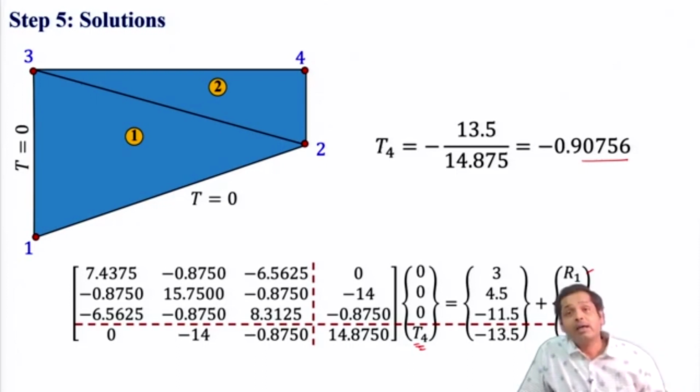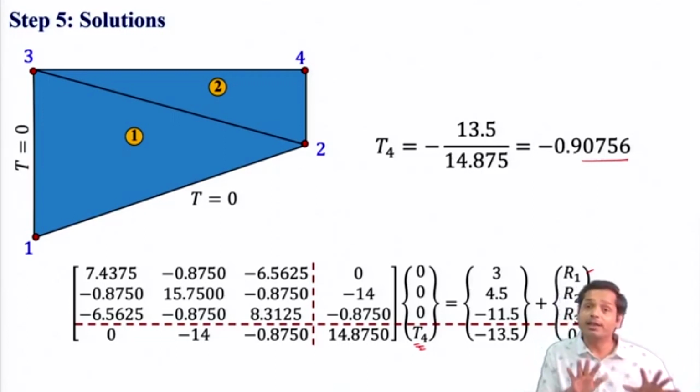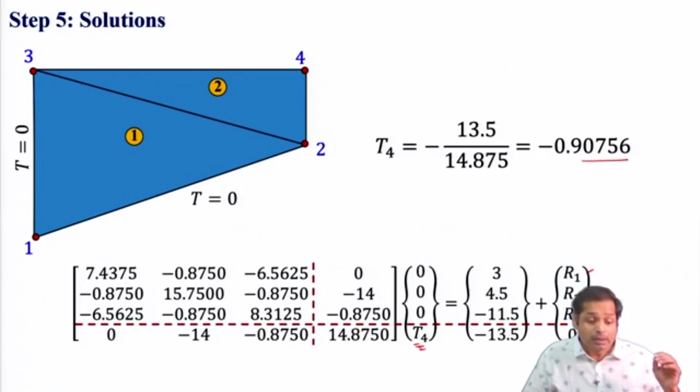But then again, in the last lecture of this week, we will revisit this problem. Here we have just taken 2 elements. Even with the isoparametric quadrilateral element, we will probably be using 1 or 2 elements.